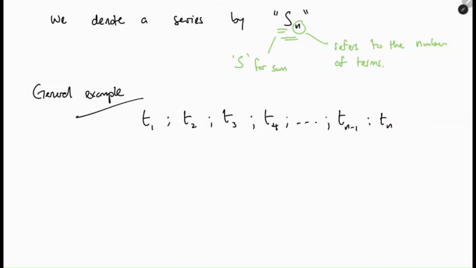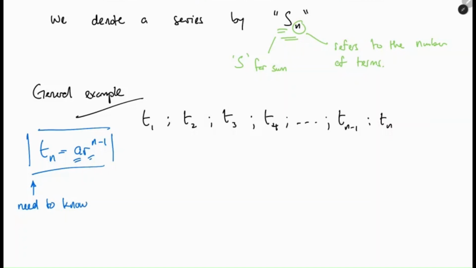We're assuming, of course, this is a geometric sequence. If it's a geometric sequence, we recall the general formula. What is the general formula for the nth term? This is something you need to know. It's a multiplied by r to the n minus 1, where a is the first term and r is the common ratio.